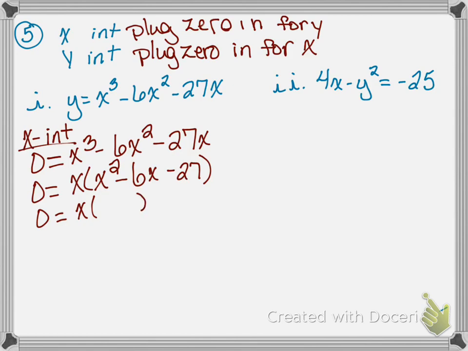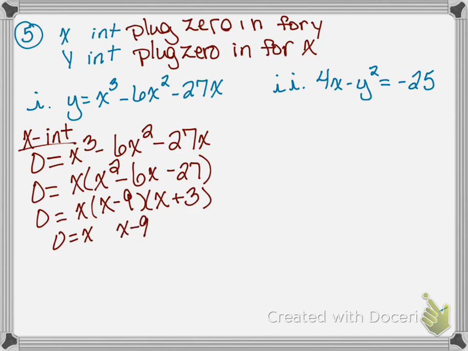So I need two numbers multiplied together that give me negative 27 and added together give me negative 6. And those two numbers are x minus 9 and x plus 3. Because positive 3 and negative 9 give me negative 6 when I add them together, and they give me negative 27 when I multiply them.